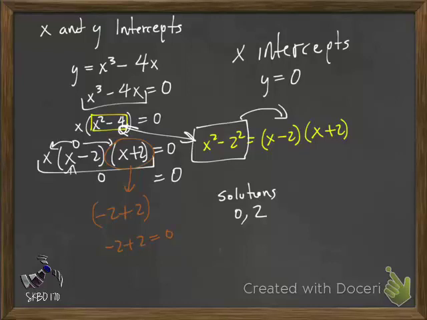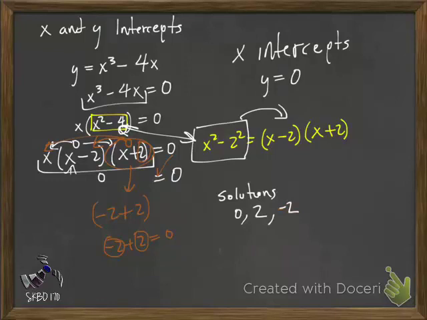So that is 0 inside this parenthesis times (x minus 2), and 0 times x will be 0. So everything is working here. So I can say that minus 2, the opposite of 2 on this side, is another solution for the x-intercepts.